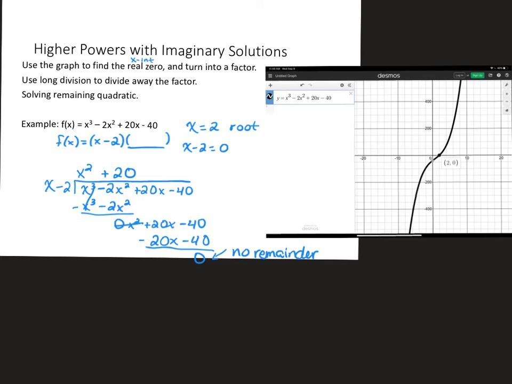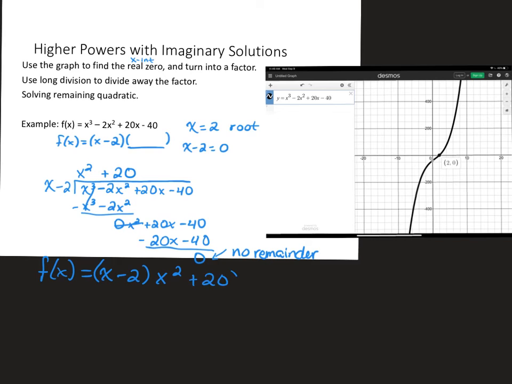So what I've now done is I found a factor, x squared plus 20, and I can write my original polynomial, f of x, using the factors x minus 2 and x squared plus 20.